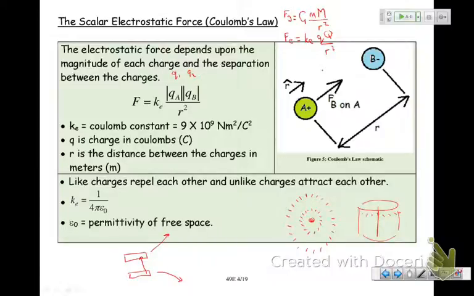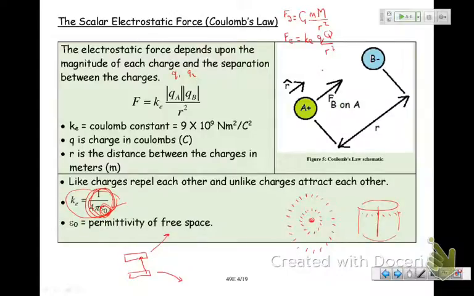And one little thing I think I told you about last time is that engineers tend to use the more fundamental form. They, in a way, don't honor Coulomb. We kind of hide the 4 pi epsilon naught. Epsilon naught is a fundamental constant, and so is pi, and so is 4. Epsilon naught is called the permittivity of free space. It's all to do with electrostatics.